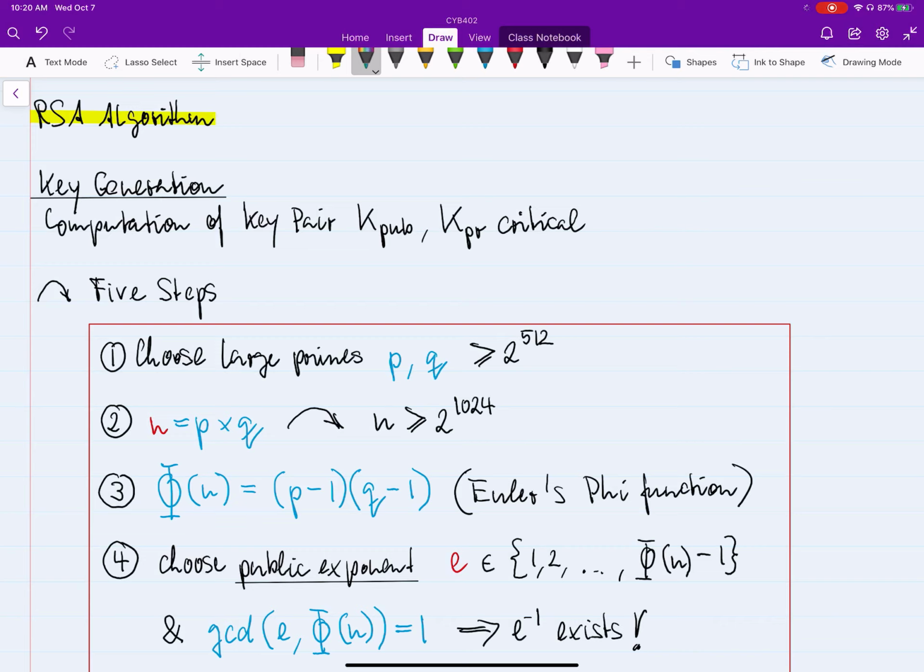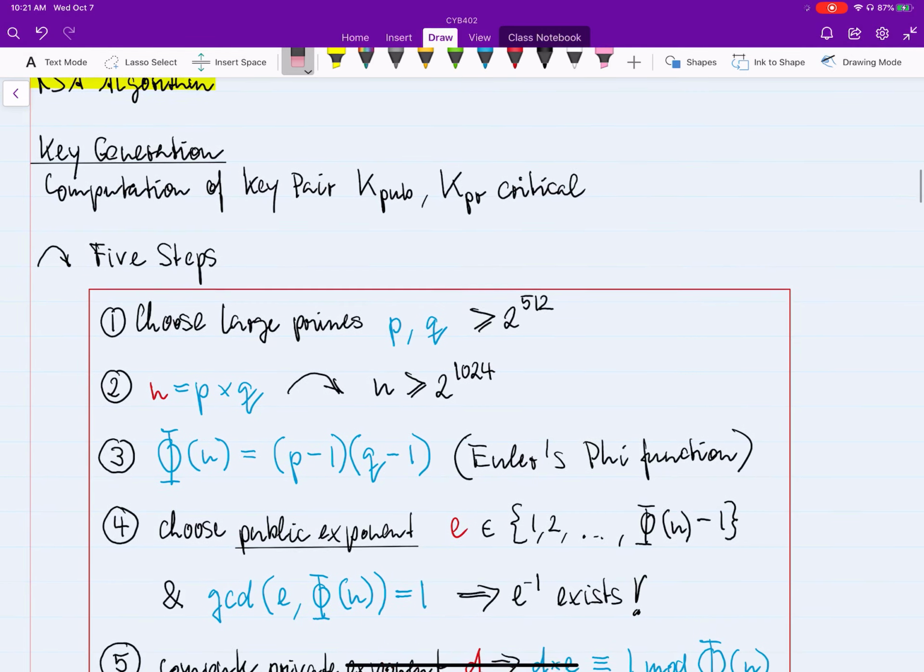We have a key generation phase, and the key generation needs to be done very, very carefully. So we actually compute our keys in order to retrieve a pair of public-private keys. This is very different from symmetric key crypto systems, where you just choose a random number that is big enough and then you're done. So here we are going to compute our key pair.